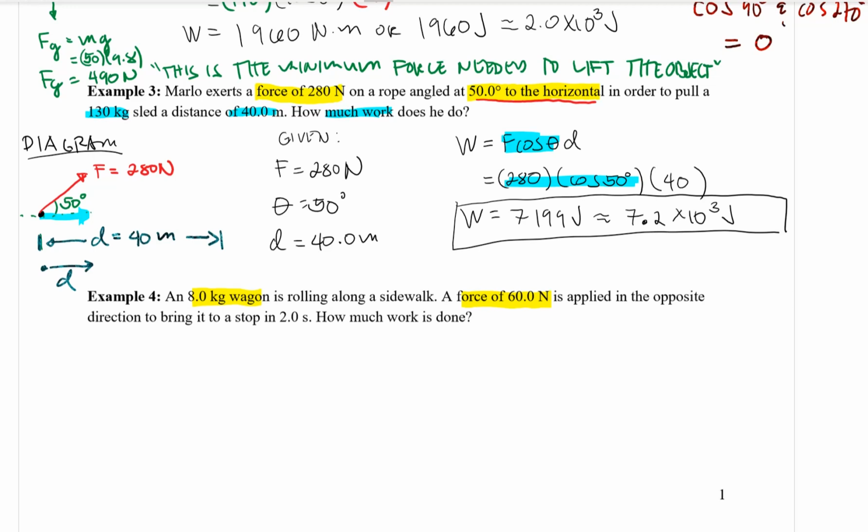Stop means that v there is equal to 0. So the question is, how much work is done?